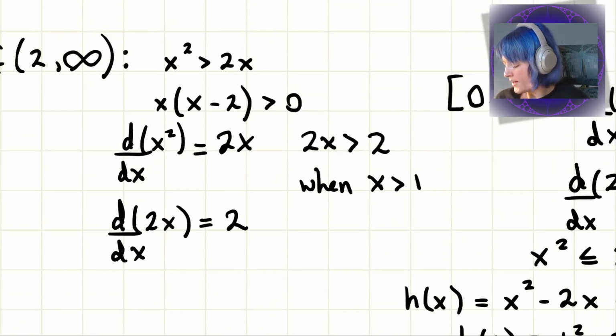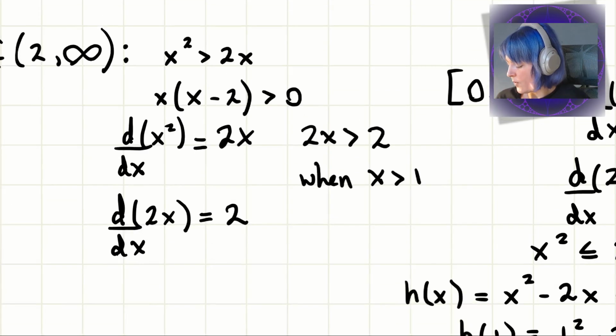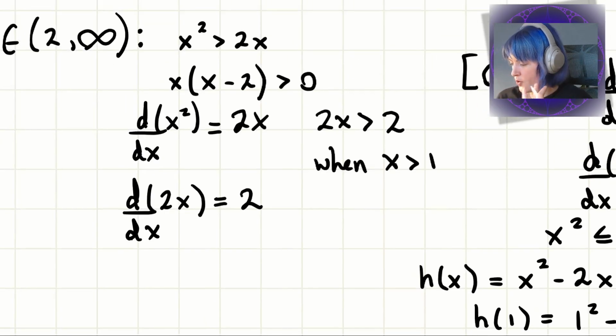So what that tells us is that the rate of change of x squared is greater than the rate of change of 2x when x is greater than 1.